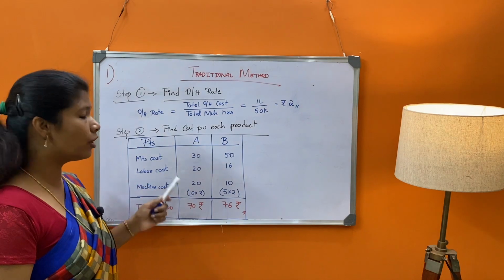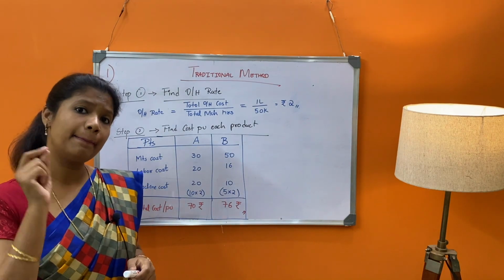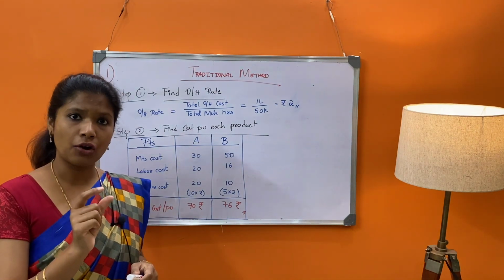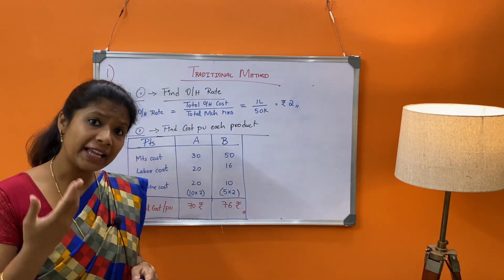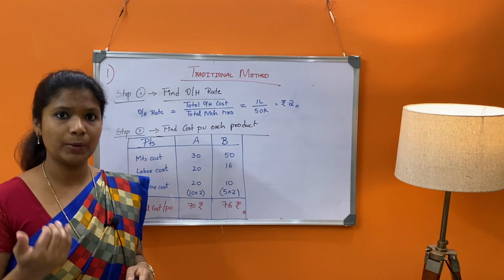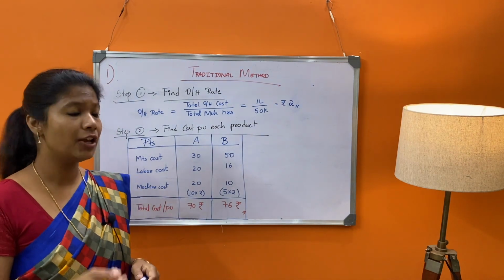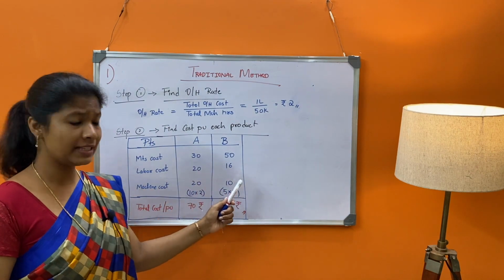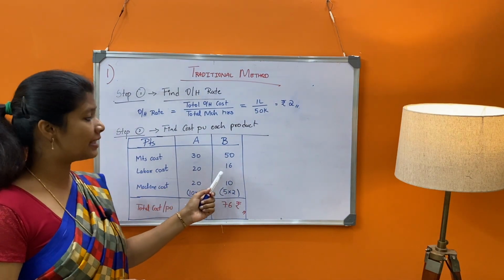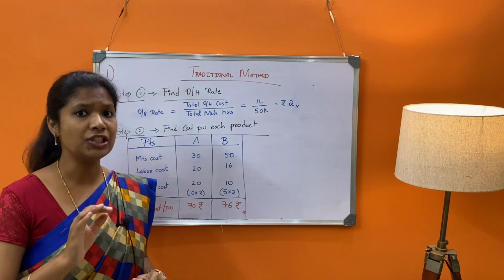So material cost, if you note down there, is per unit. Material cost per unit, labor cost per unit. They already have given you per unit. So we do not have to recalculate again. Whatever is given in the question, material cost per unit 30 rupees, 50 rupees and labor cost 20 rupees and 16 rupees. As it is, you write down.